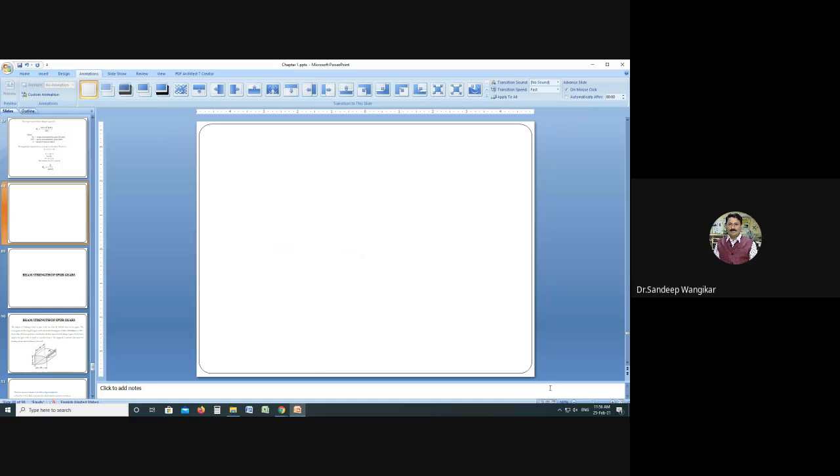This is one point where you have to show the force. Now assume that the pinion is rotating in clockwise direction.